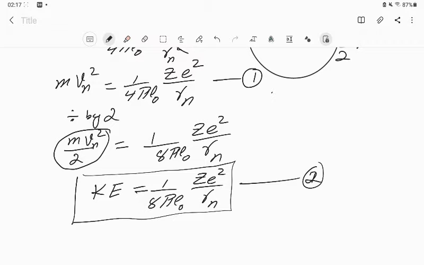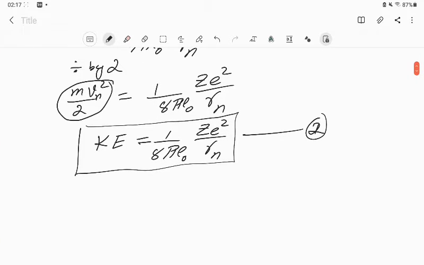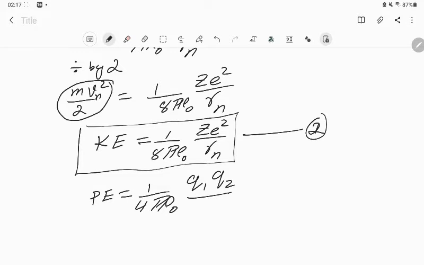So what is the formula for electrostatic potential energy? From the first unit, second chapter, we have studied that electrostatic potential energy is 1 by 4 pi epsilon naught Q1 Q2 by r.